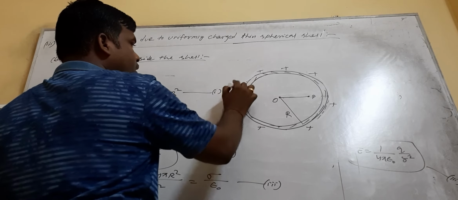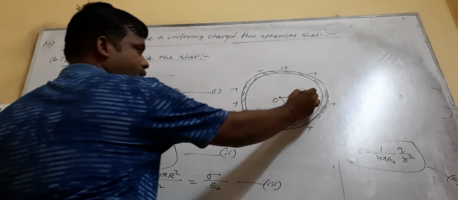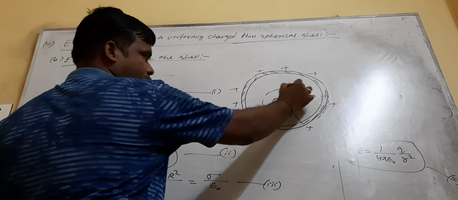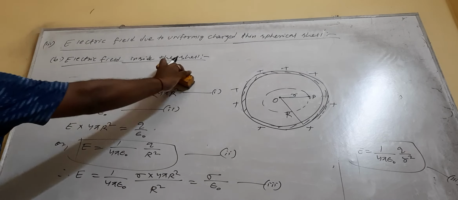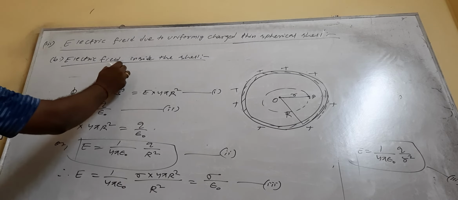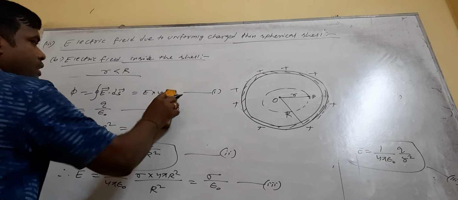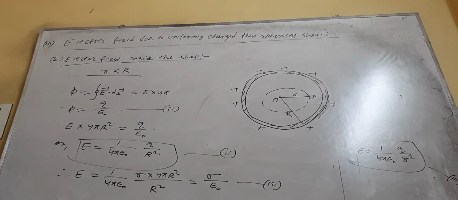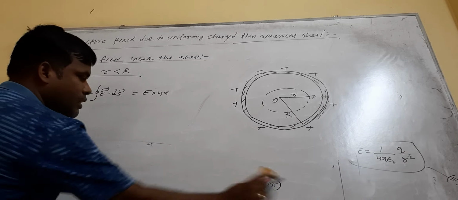Let the distance of the point P from the center be r. You consider the Gaussian surface in the form of a sphere. So here r is less than capital R. First we find the electric flux by the integration method, by a similar method.